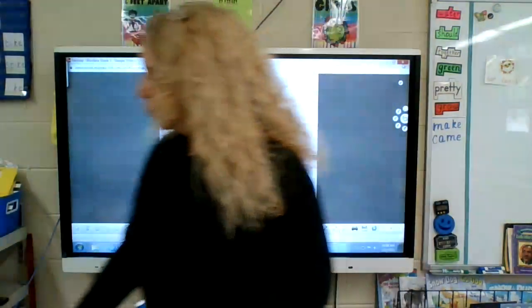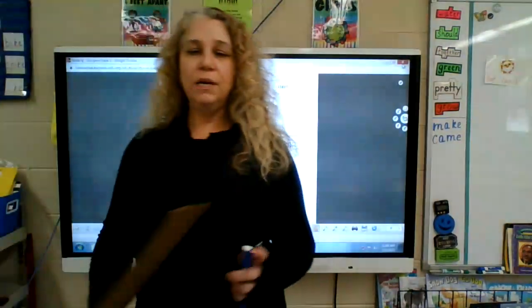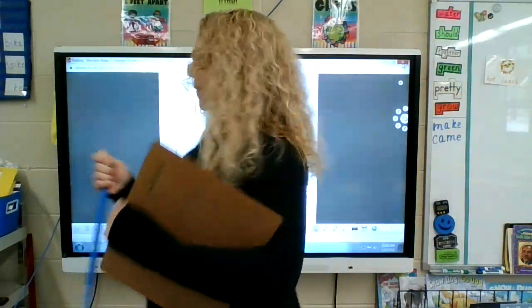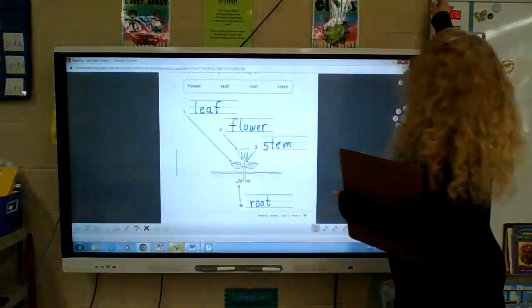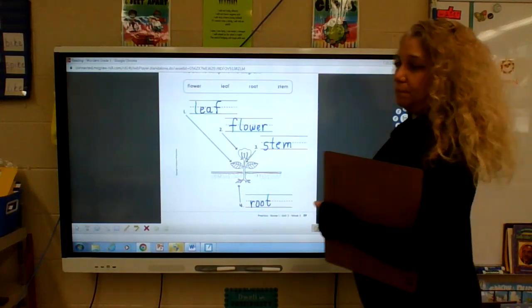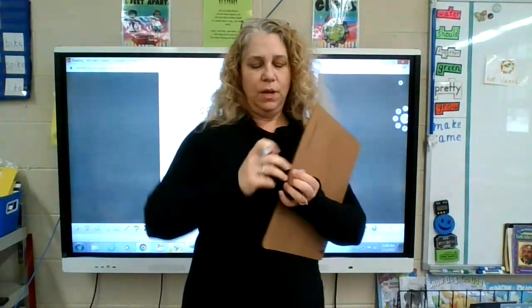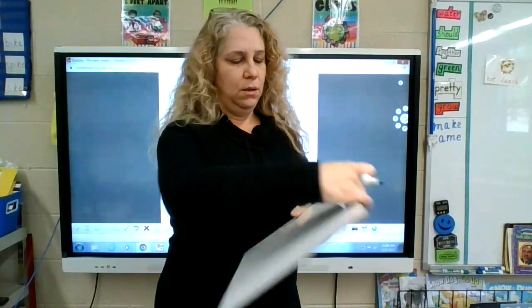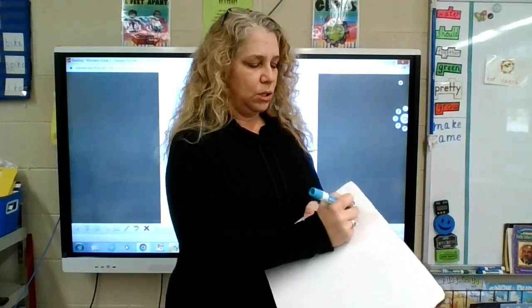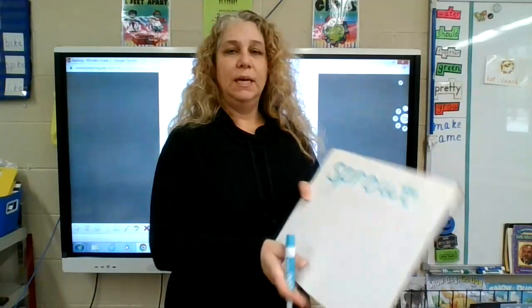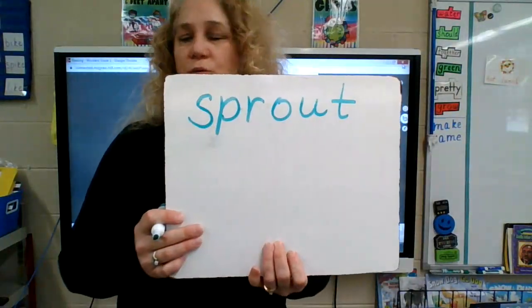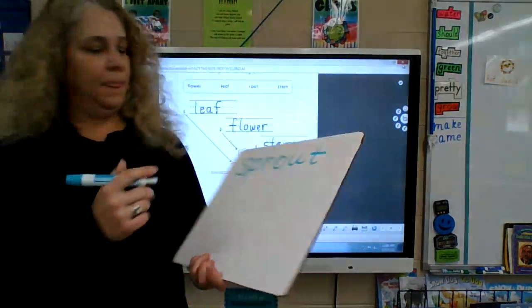All right, so in our new story, we have 3 words that are going to be in it. And actually, we already know some of them, because one of them was a vocabulary word this week. So in our story, the word sprout. Remember, sprout is when the plant begins to grow. So sprout is in our story.